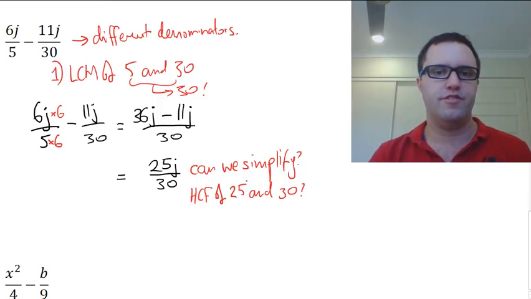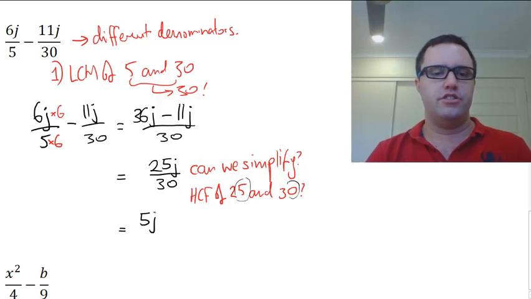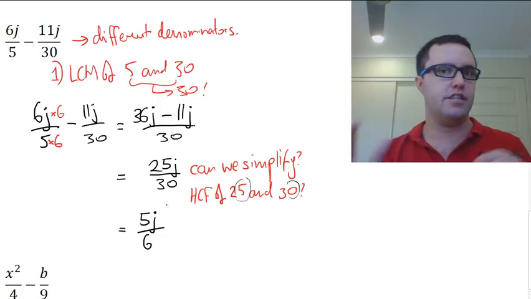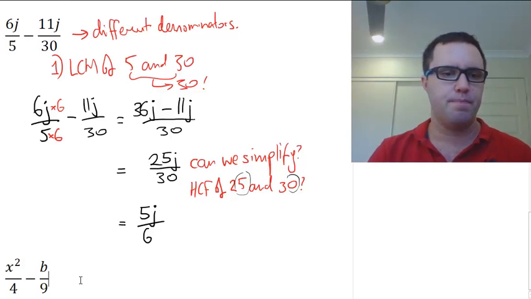Because both of these are divisible by 5. We have a number that finishes with a 5, a number that finishes with a 0. So 5 is probably a good one to try first off. So 25 divided by 5 is 5j, over 30 divided by 5 is 6. And so 5j over 6 is our fully simplified fraction in the end.